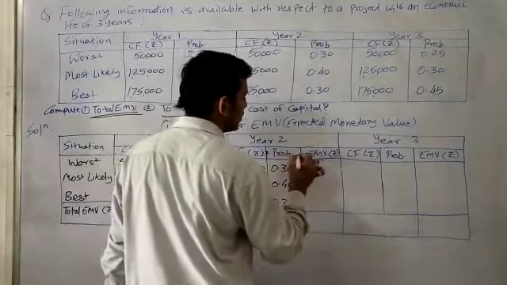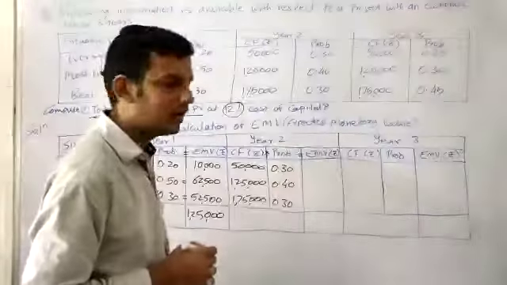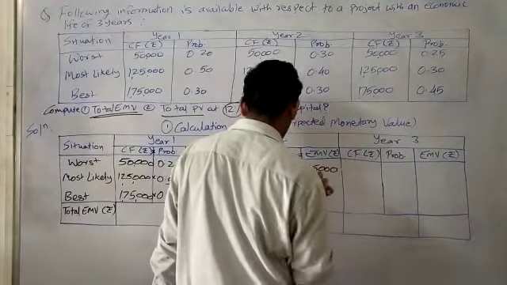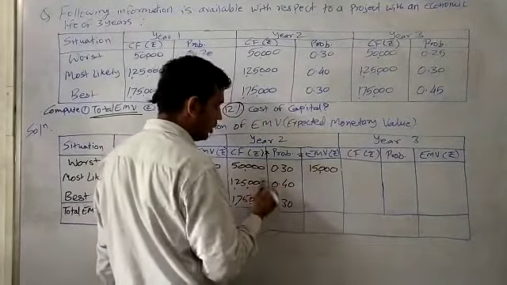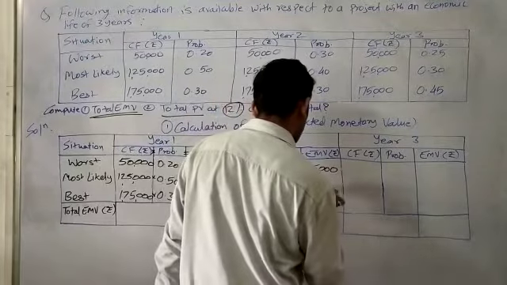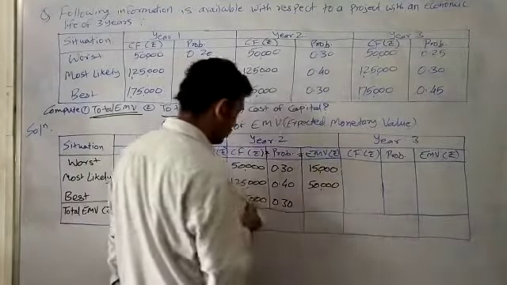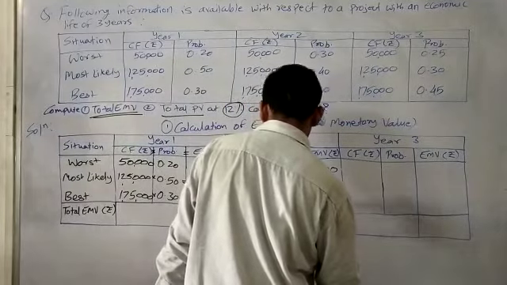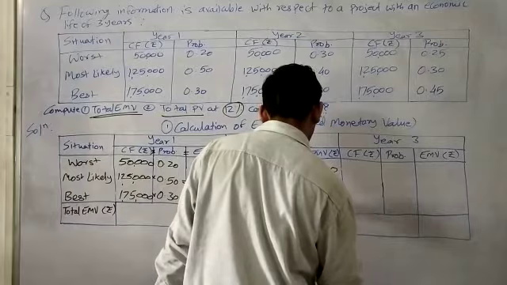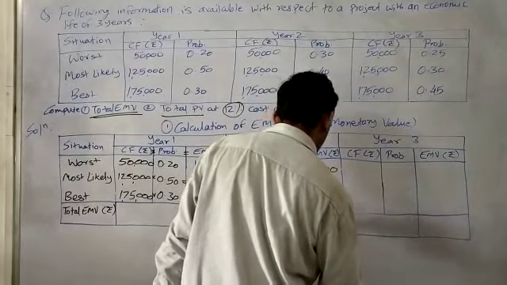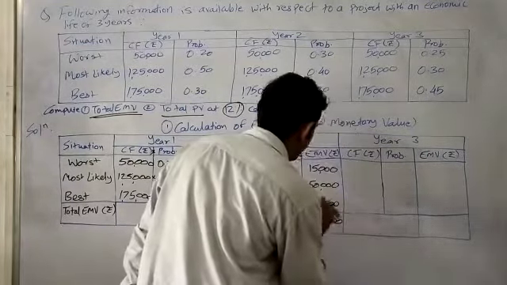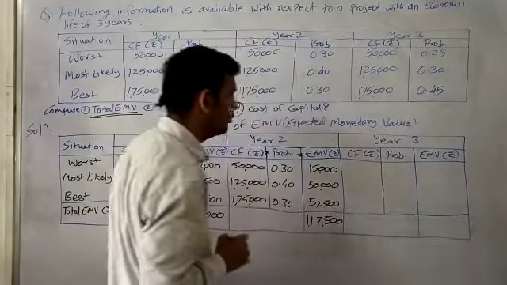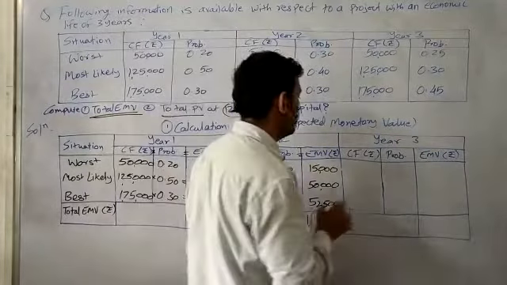Again multiply cash flows by probability and we will get our EMV. 50,000 multiplied by 0.30 is 15,000. 1,25,000 multiplied by 0.4 is 50,000. 1,75,000 multiplied by 0.3 is 52,500. Now get the total of it: 1,17,500 for the second year. Now we will move to the third year.